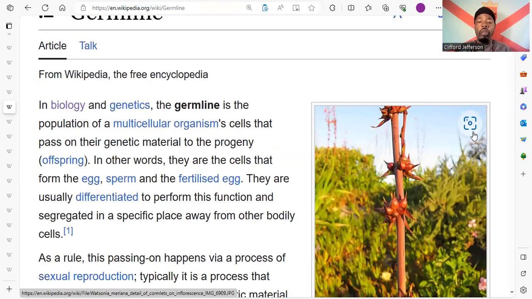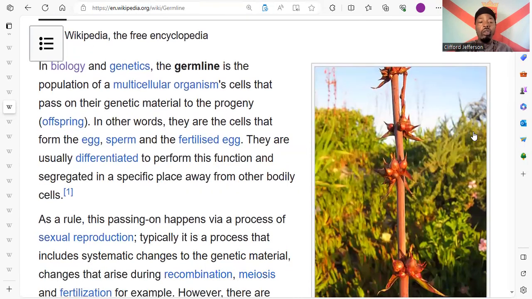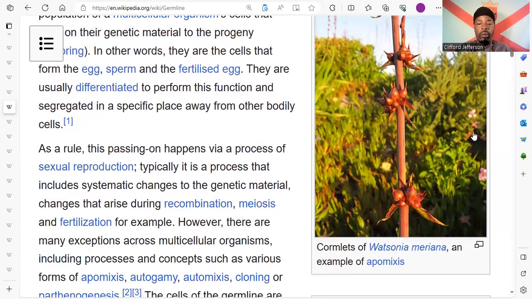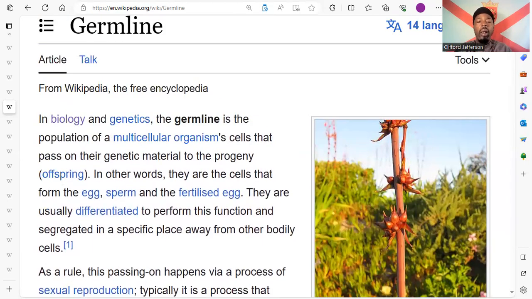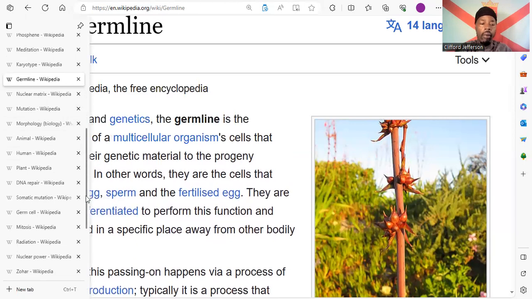In other words, they are the cells that form the egg, sperm, and the fertilized egg. They are usually differentiated to perform this function and segregated in specific places away from other bodily cells. Once again, the germline deals with the population of multicellular organisms' cells dividing, which pass on their genetic material to progeny, offspring, hence germ cell.